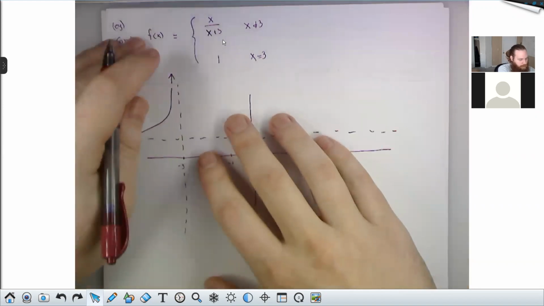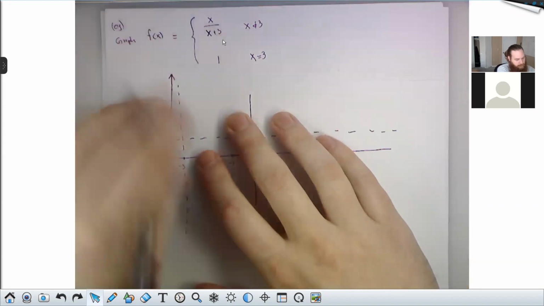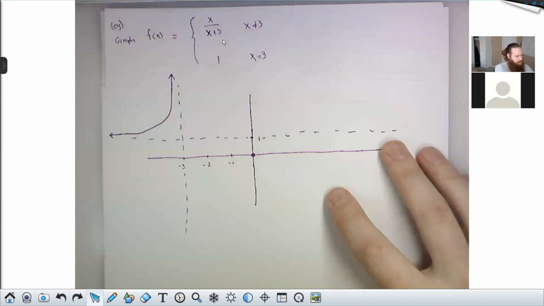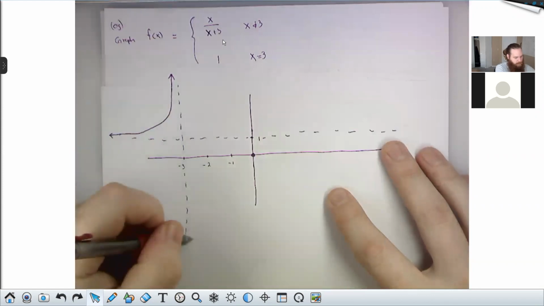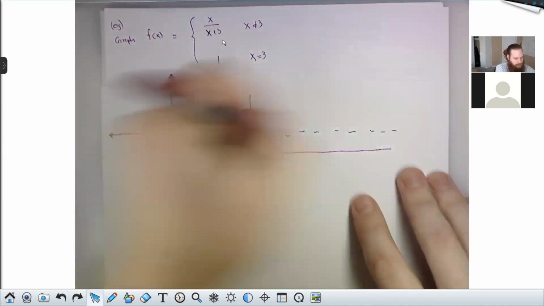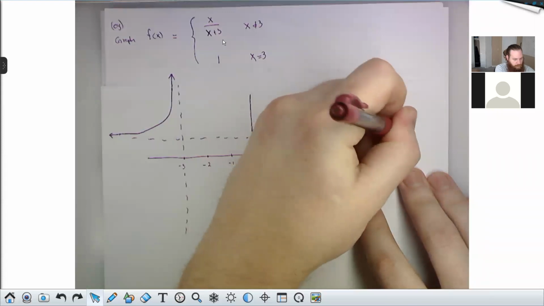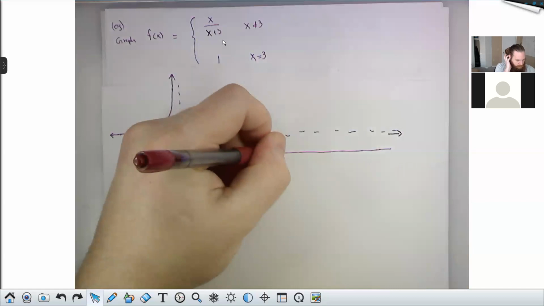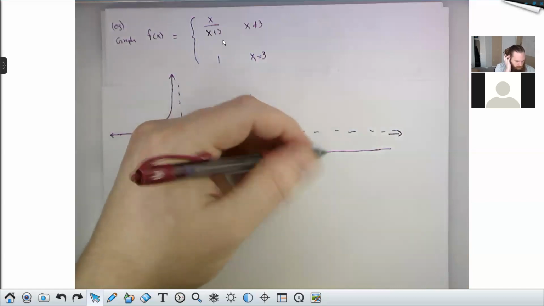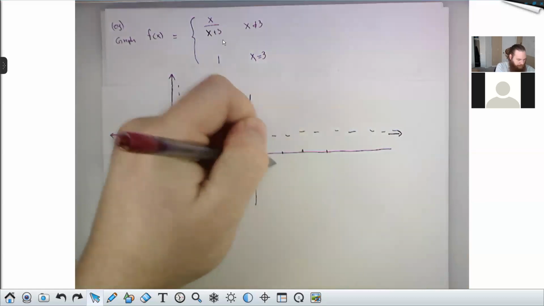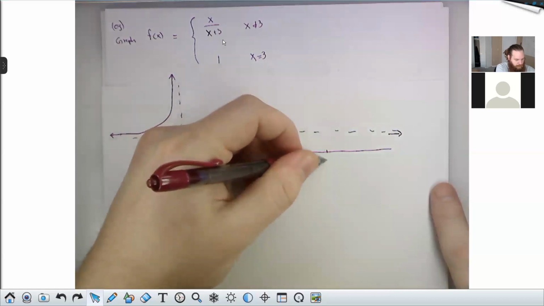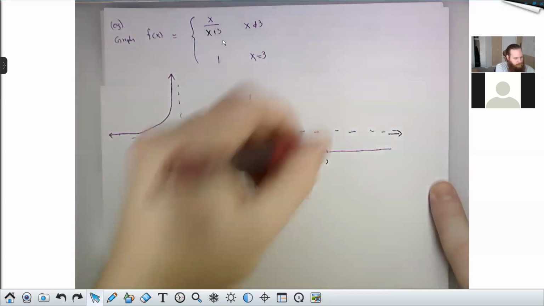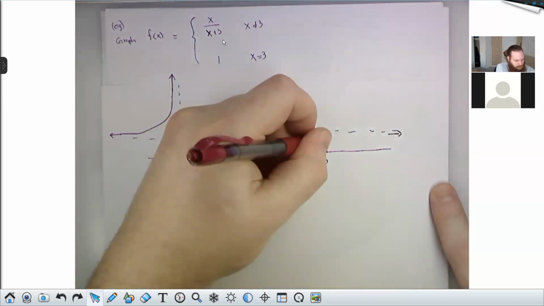Oh, I drew up on the other page there, didn't I? All right, that's fine. And then in here, we're going to have something like this. Now I'm going to stop before I draw this next branch and mark off x equals 3. The limit as x approaches 3 of f of x is 1/2.